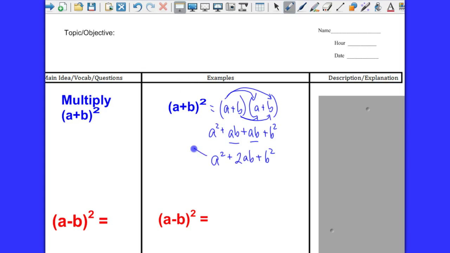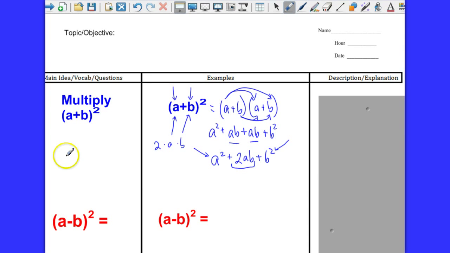This term right here will always match that term squared, b times b will always match that term squared, and the term in the middle will always be 2 times a, this term, times b, that term. If you can catch that pattern, when we get into the more difficult factoring, life will be a lot easier for you.